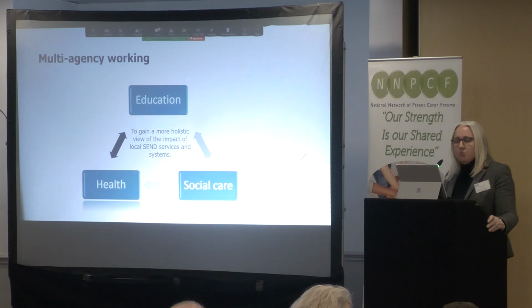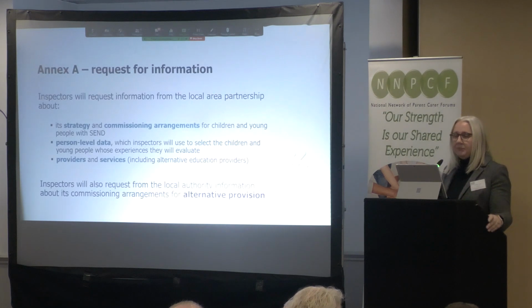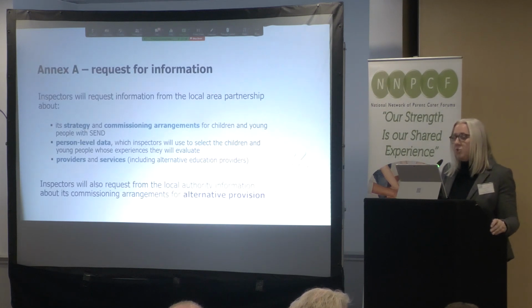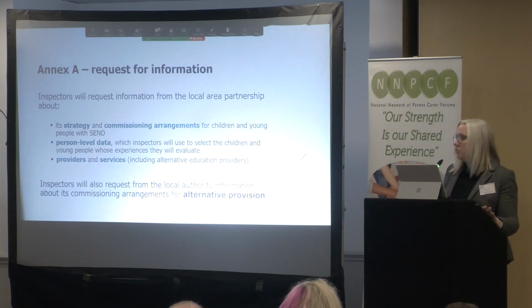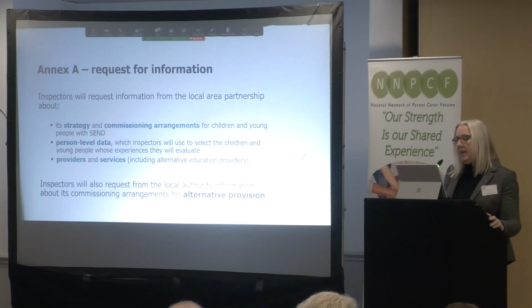So as I've said, it is bringing together those three remits, which does bring complications, but it really is about bringing that expertise together so that we can really interrogate that evidence base when we are both off-site and on-site as part of the process. The published framework, Annex A, is a really important part of the framework, and it's really clear from there what information we expect to see.